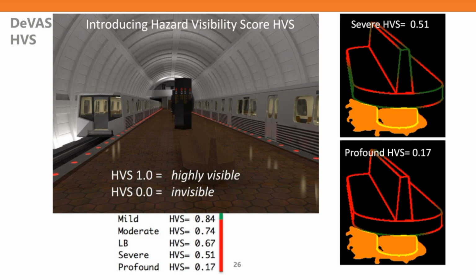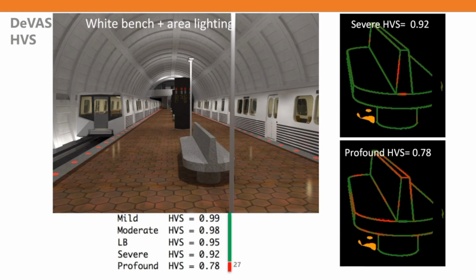A score of 1 means it's highly visible, it's going to be seen at a particular acuity, and a score of 0 means totally gone, not visible. In this case, you'll see 0.8 is maybe where we should have a standard. Below that, it's not very good.